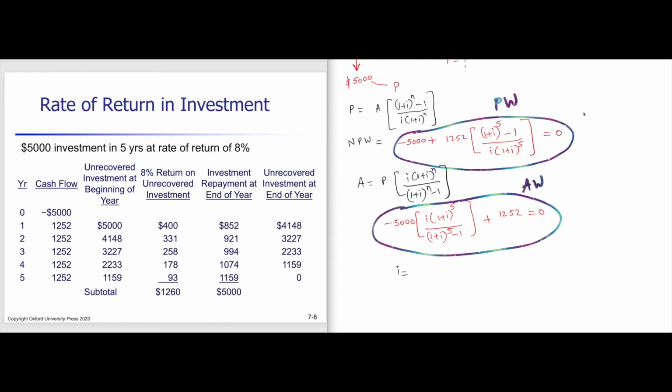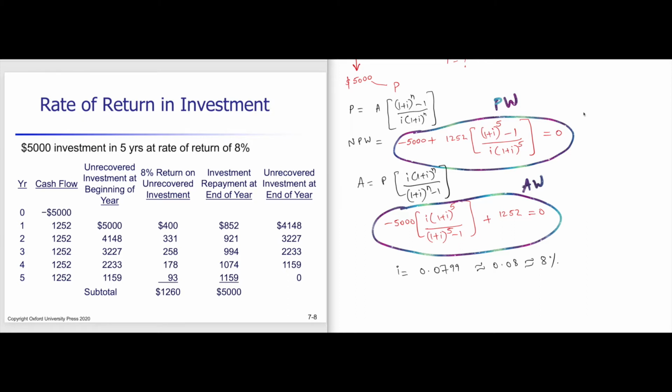Right, and then when I do, I get an answer x equal to, or I is equal to, 0.0799, which is equivalent to 0.08, or the same as 8%, as given in the slide.